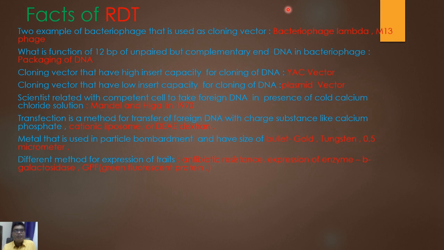So it encodes the beta galactosidase, and that beta galactosidase breaks down the colorless substrate, that is X-gal, and produces a chromogenic blue color complex, through which we can screen out the non-recombinant and recombinant bacteria. We can also use green fluorescent protein. So there are three different methods for the expression of a trait, meaning to find out whether the particular gene of interest has been transferred or not, we can use these methods.